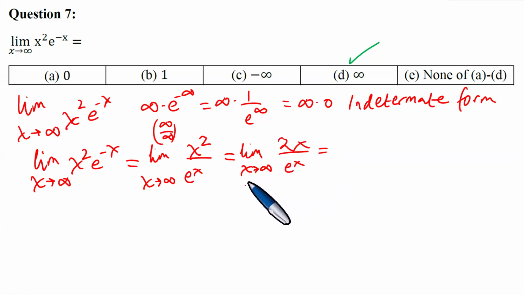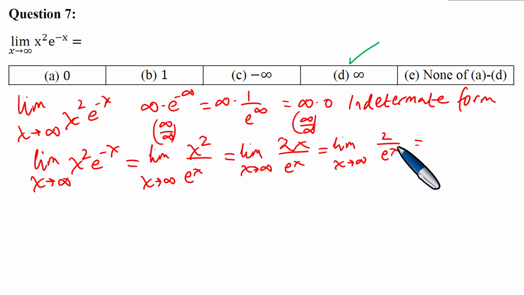As x approaches infinity, it is still infinity over infinity. We proceed with differentiation, getting 2 divided by e to the power x. The result becomes 2 divided by infinity, which is 0. The correct answer is option A.